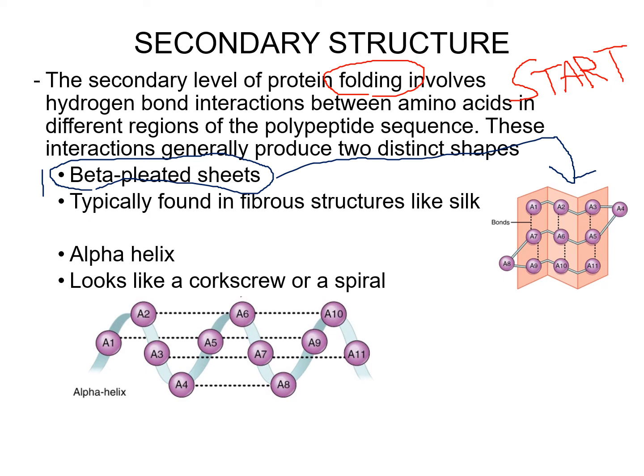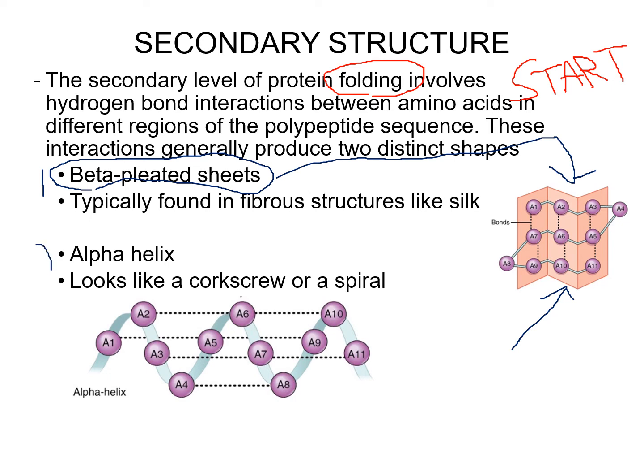If you take a paper and you're folding it for a letter, to put it in an envelope, you can kind of see where I'm getting at here. So we're taking those 11 or 12 amino acids that we organized in the primary stage, and now all we're doing is putting them together and folding them, because eventually we're going to get this really cool folded protein. So a beta pleated sheet is one way we can do it.